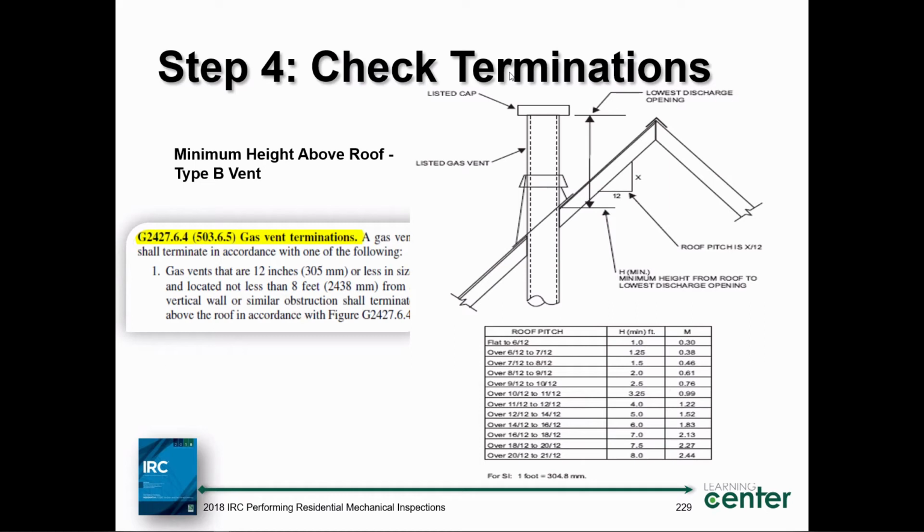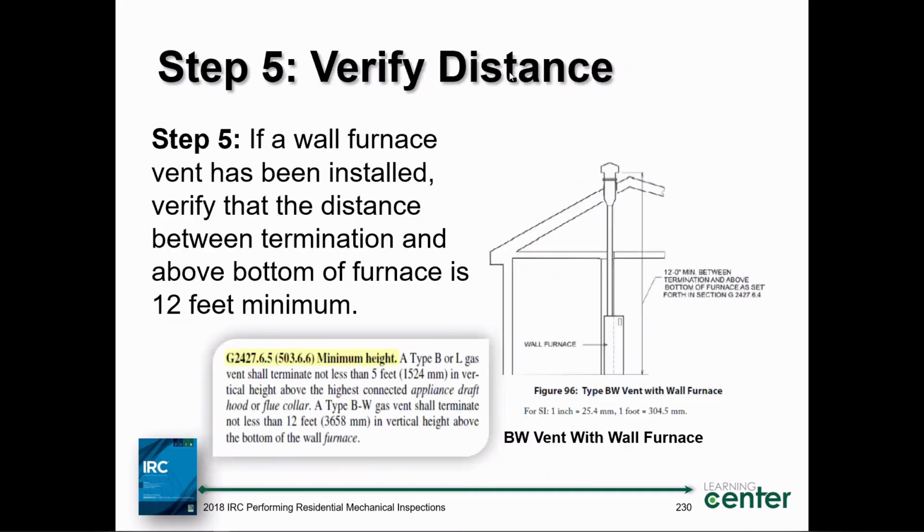But remember, inspectors, every time I pull up to a job, I'm always looking, prior to getting out of the car, at the roof, the penetrations of the roof, and any kind of walls within 8 foot of that termination of that vent. Remember, it cannot be closer than 8 foot to any roof or wall.